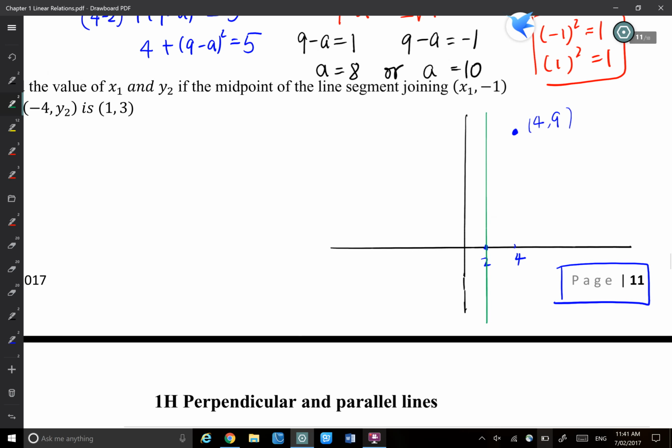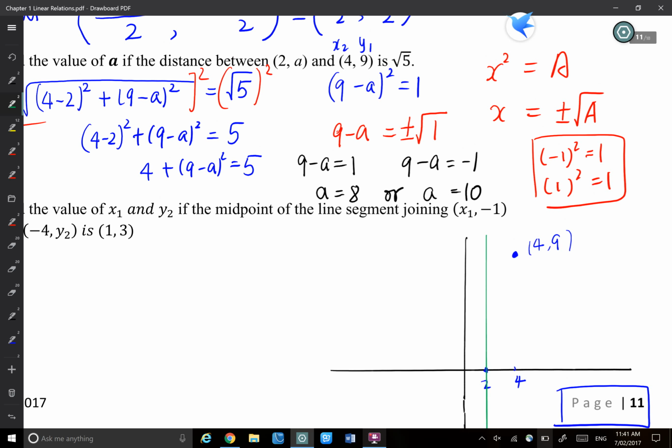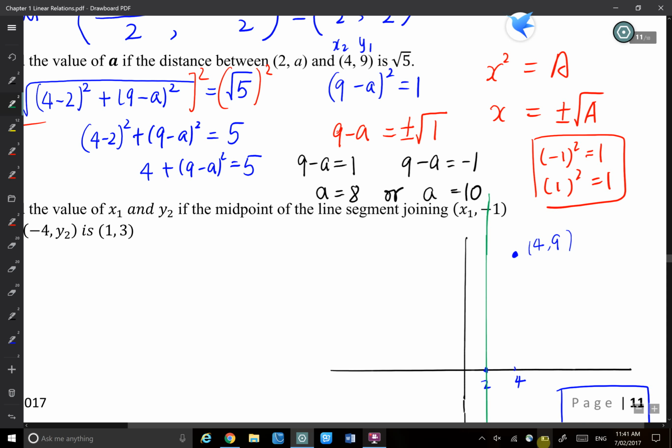I want a value which gives me square root 5 of this distance. I can have two distances. Here will give me square root 5, or I can go to the bottom, and that will give me square root 5 as well.